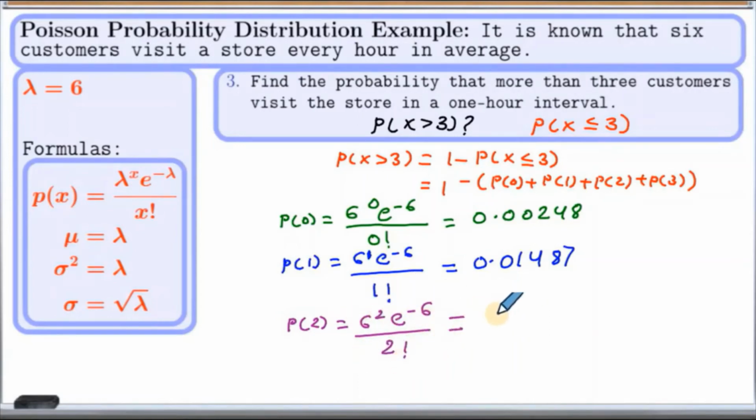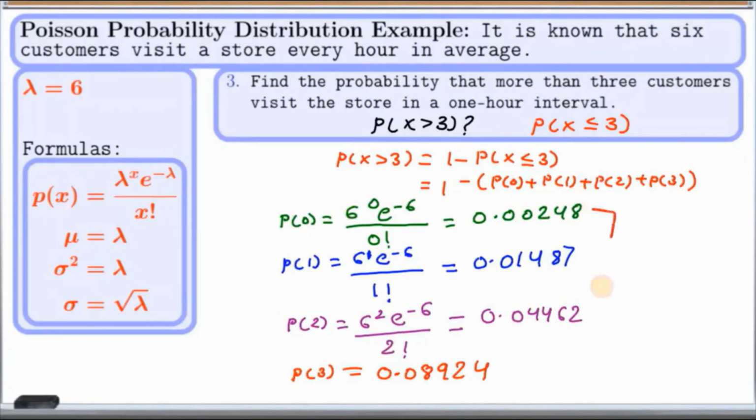So this whole thing comes out to be 0.04462. Now you can find the probability of 3 using the same formula here. I am just going to list the probability. So it will be 0.08924.